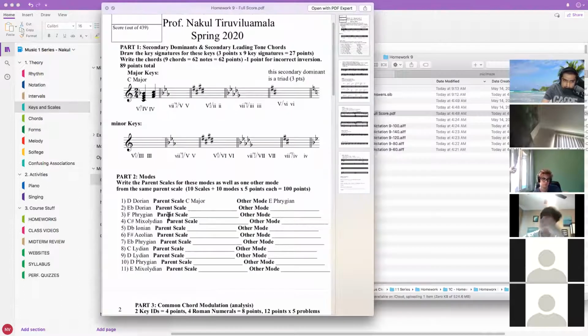We're given the mode D Dorian, and we have to figure out what parent scale that fits into. Remember, every single mode fits into a parent scale. A mode is an inversion of a parent scale. We're trying to find the root position of that scale, which is the parent scale itself.